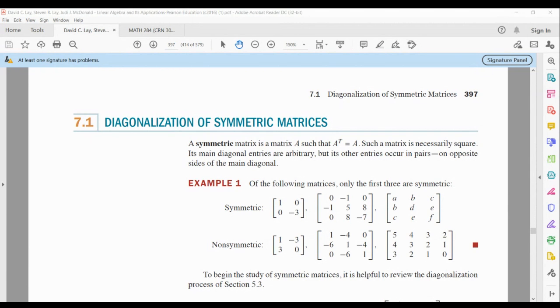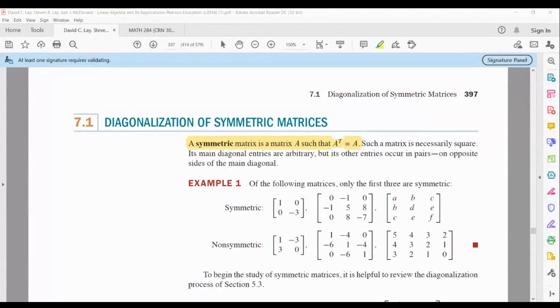Okay, so symmetric matrices. First of all, what is a symmetric matrix? A symmetric matrix is a matrix such that the transpose of the matrix equals itself: A transpose equals A. And such a matrix would have to be a square matrix.